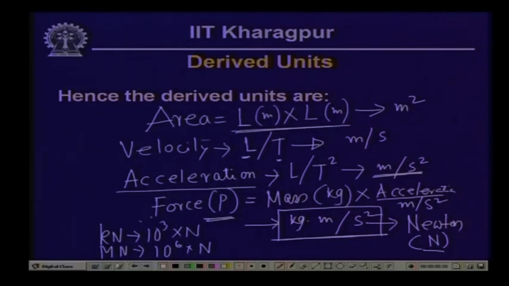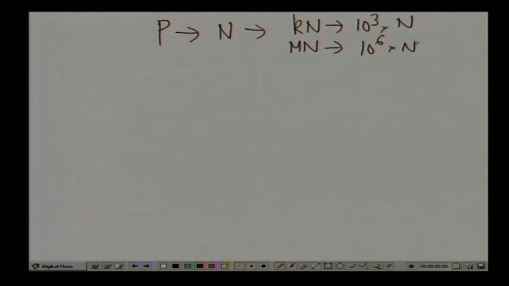As we have seen, the force we define in Newton could be in kilonewton or meganewton, which is 10 to the power 3 Newton or 10 to the power 6 Newton.